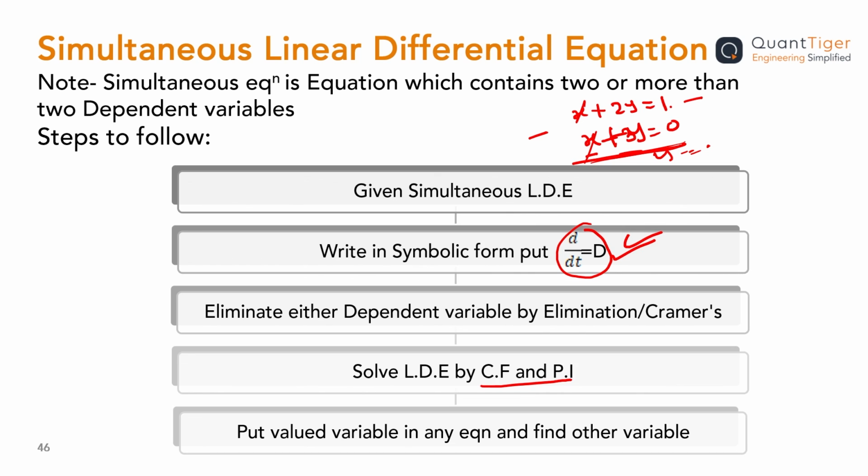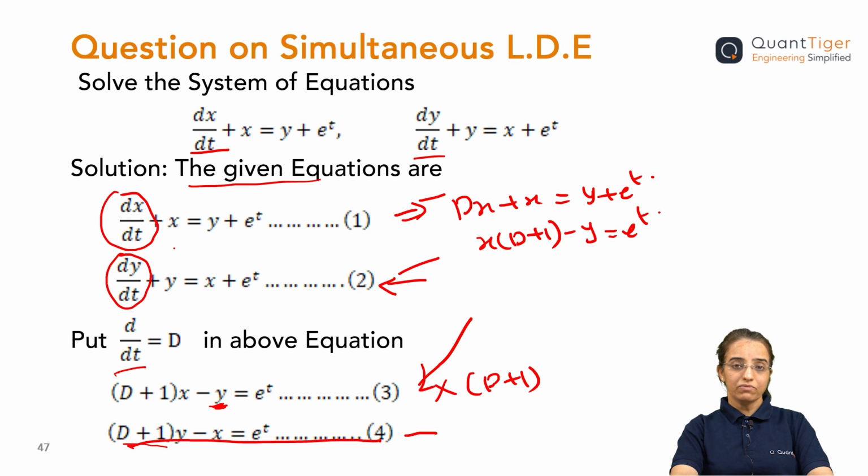To get away from that, we have to do certain substitutions, like here we have done, we substituted D for d by dt and got away from the differentiation part. That is the important thing you have to keep in mind. Other than that, the process we follow for simultaneous equations is the same as it is. If you go through all the steps, it will be easy for you to understand and to practice. Thank you.